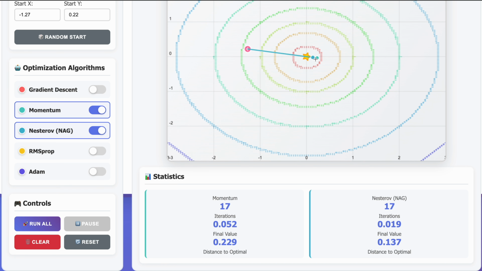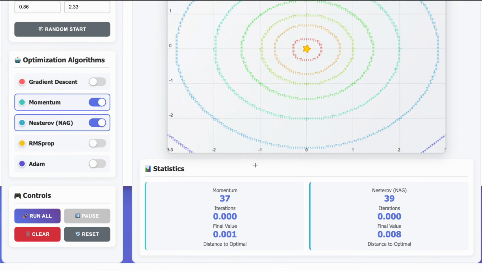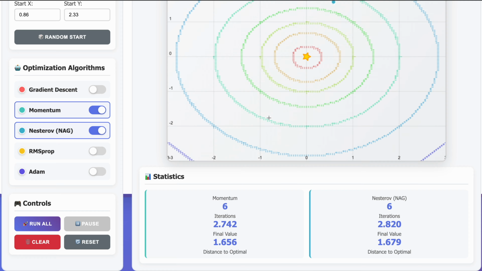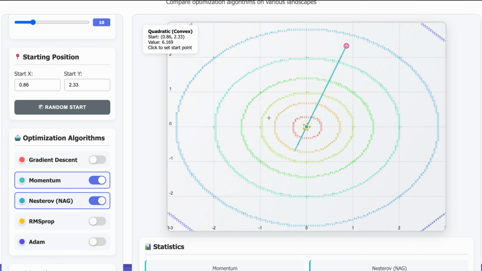You can follow that the momentum ball goes further, but Nesterov does not, and they settle in approximately the same number of iterations. But actually Nesterov is better because it settled down earlier. I don't know why this is happening. Maybe the back end is giving a better possibility for momentum and not for Nesterov.